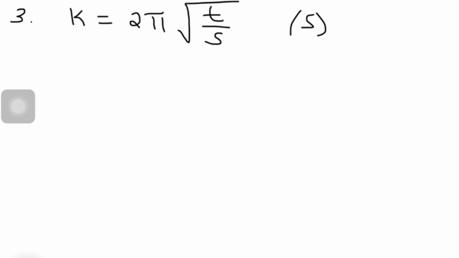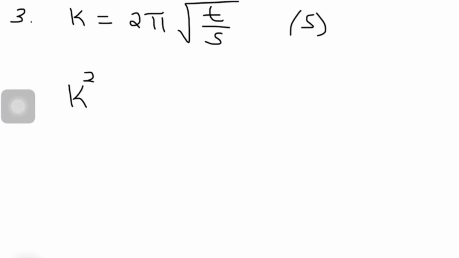And as you can see, s is in part of this term, a fraction, t over s, and then again there is a square root. So for us to remove the s out of the square root, the only way that we can work this out is to square everything so that the square root goes away. So we have to square everywhere.